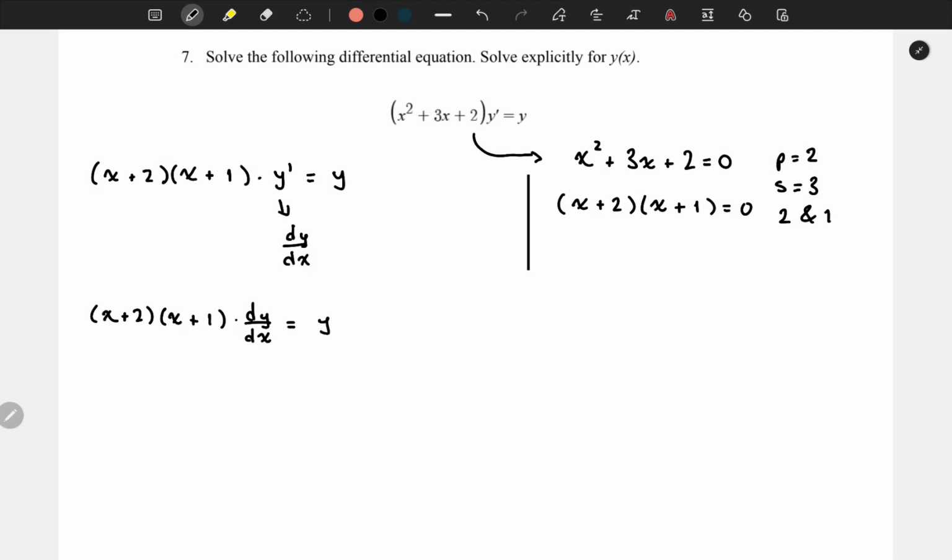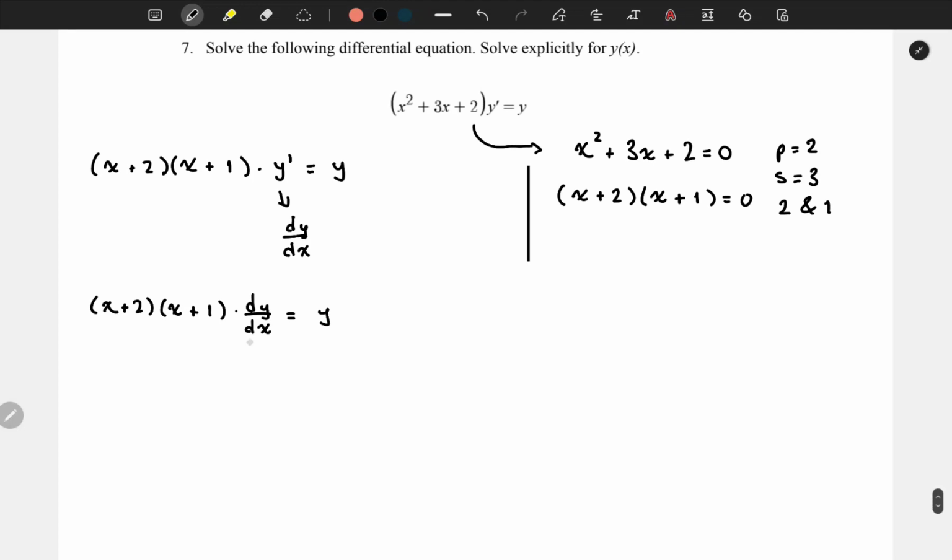And now we can technically do some cross multiplication. Let me rewrite this so that it's more clear. This y is technically over 1, so let's do cross multiplication.